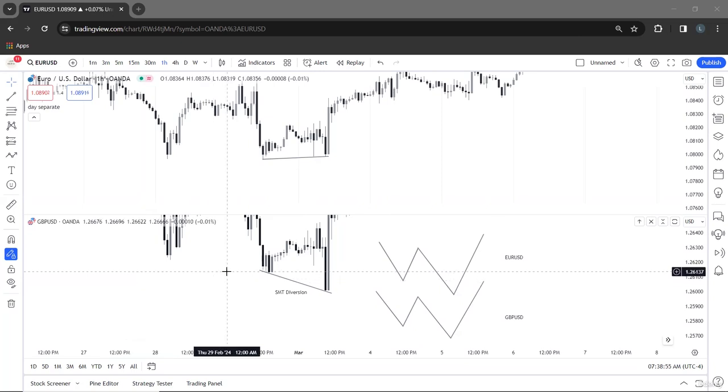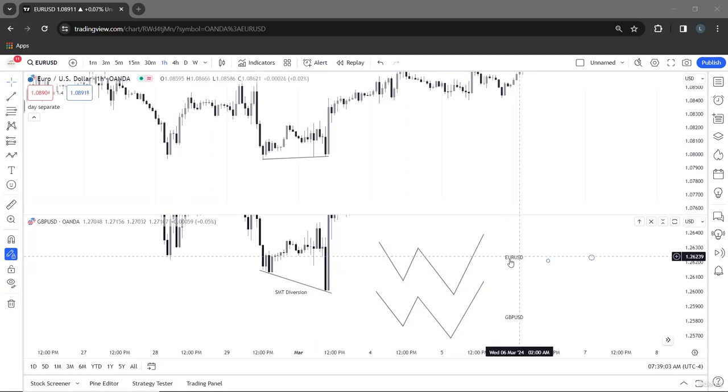But in this example, I won't be talking about an inverse correlation, but rather a similarity between asset types that don't have the dollar as the base currency, but rather as the minor currency, like the pound dollar and the euro dollar. You could also compare the pound dollar and Aussie dollar. They should be moving in tandem. They should be moving in correlation, right?